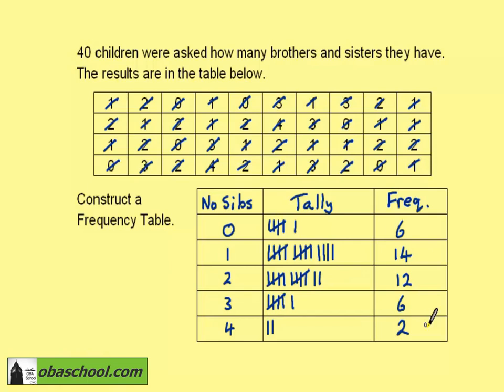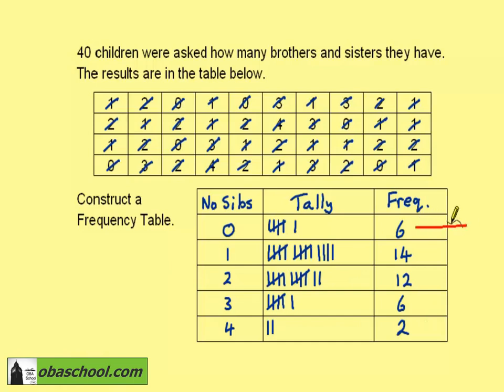We were told that we had 40 children. If we add these frequencies, it does add to 40. While this doesn't guarantee that we got it right, at least we know that we have the right number of pieces of data, so we didn't miss any, and we didn't count any twice.